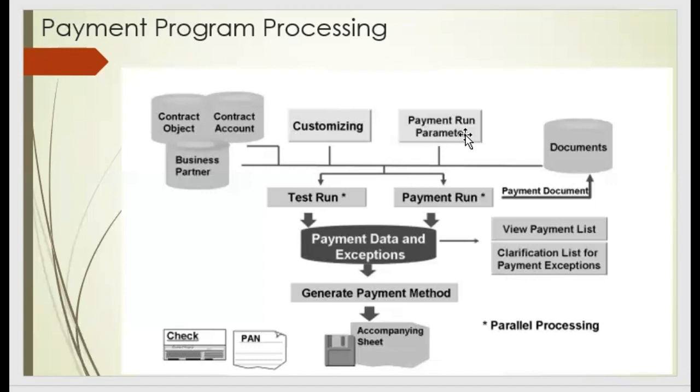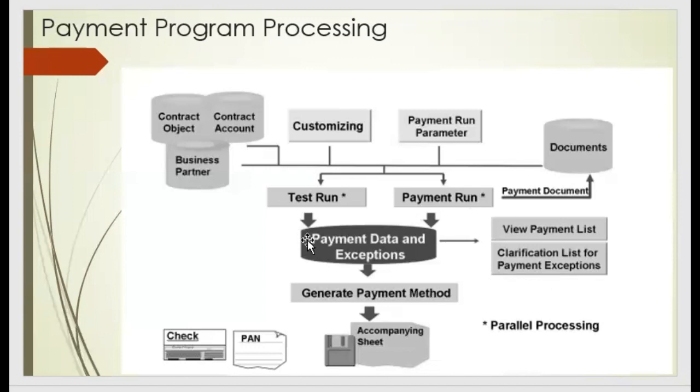Once we execute the payment run with the parameters, whatever header parameters we have, we can finally generate the document. Before posting, you can also do the simulation, which is called a test run. And if you do the actual one, you go to the payment run. If any exceptions are generated, like some data is missing or some amount is not posting, then you create an exception list for that.